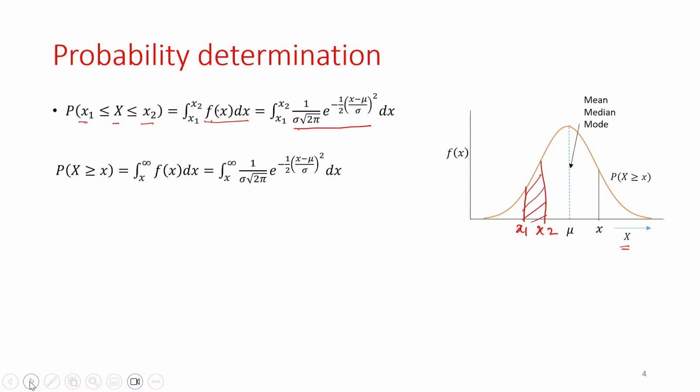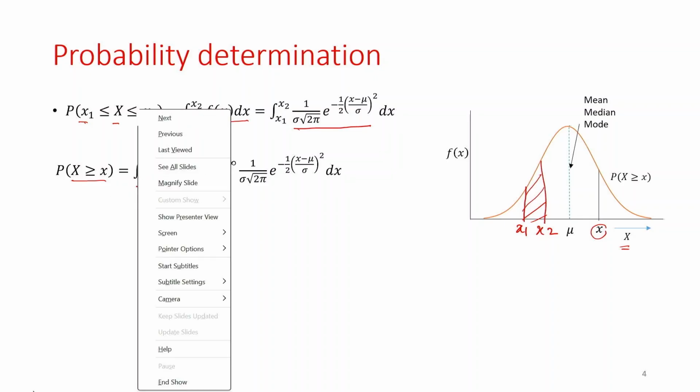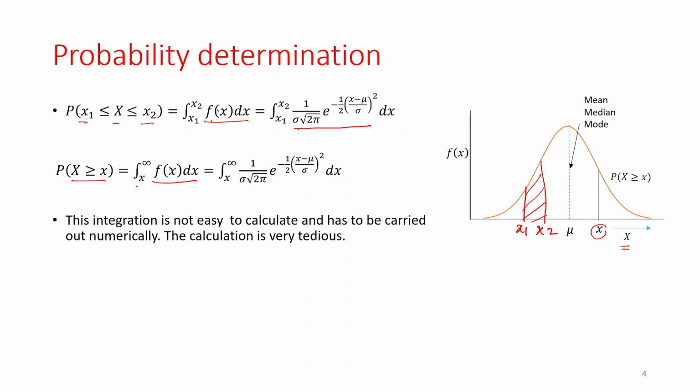Similarly, if I want to know the probability that x is going to take values more than x, this x is shown here. So if I want to know the probability that the variable x is going to take values more than small x, the same function we have to integrate from x up to the maximum value that x can take, that is infinity, because on the right hand side it can go up to infinity.